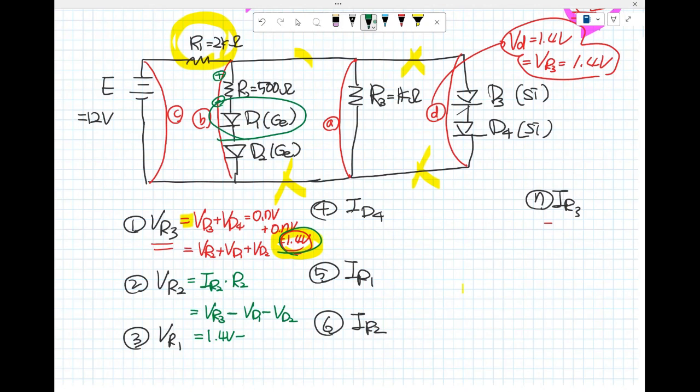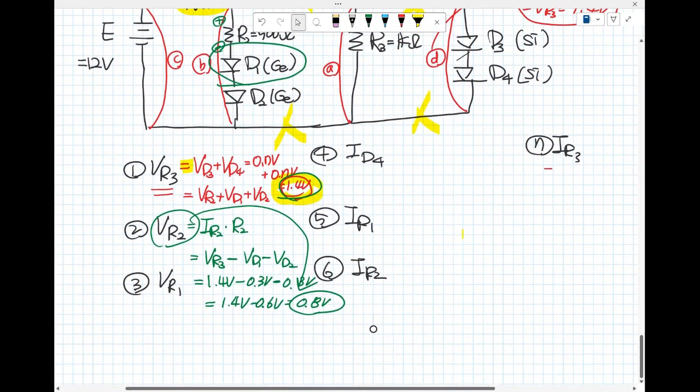Yes, 0.3. And minus what? God bless. You got an A, okay? Amazing. The 1.4 minus 0.6 volt is like the 0.8 voltage. Awesome. So the V sub R sub 2 is 0.8 voltage.